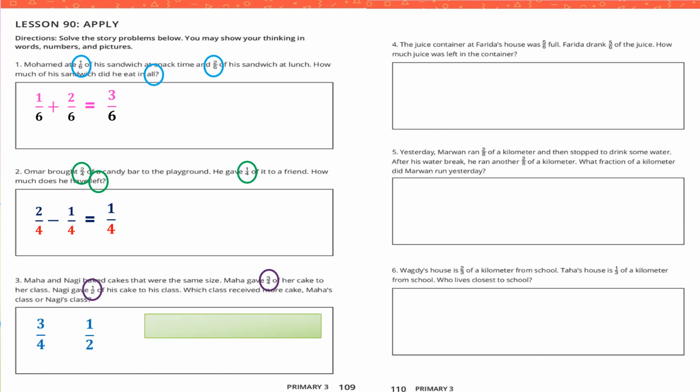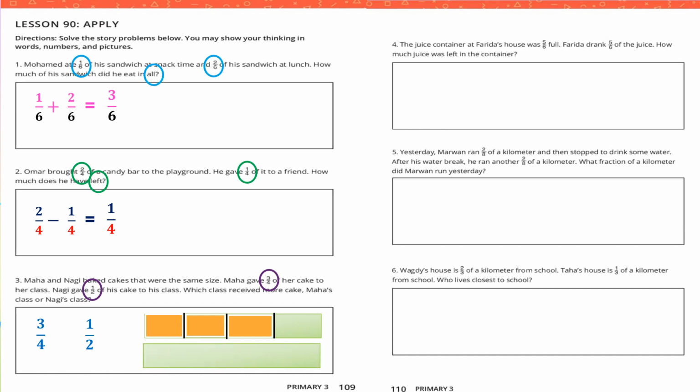I draw a model to express 3/4. Here, this bar, I divided it into 4 equal parts, like this. 3 over 4 means 4 equal parts down, and 3 up means 3 colored parts. Here, I express 3/4 in this bar.